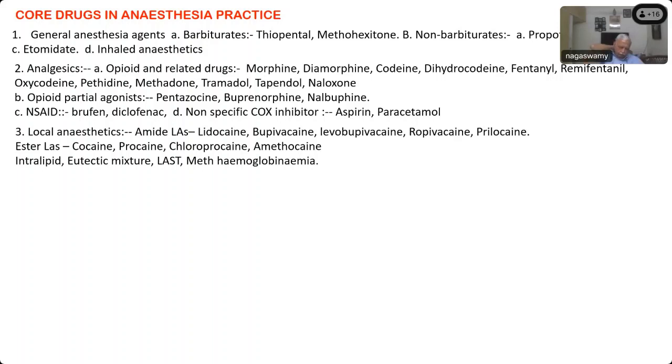But what is the definition of toxicity ratio? It is the amount required to produce CVS toxicity divided by the amount required for CNS toxicity. What are the advantages and disadvantages of bupivacaine, which is also used very commonly in India?